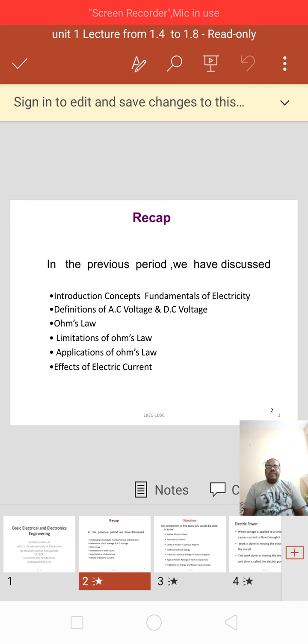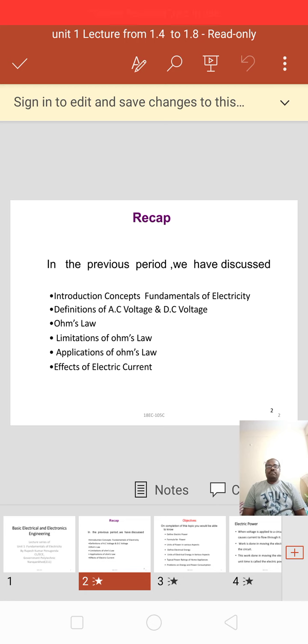That is, in the previous period, we have learned about different concepts regarding fundamental electricity like charge, electric potential, voltage, current, and demonstration of these topics also.